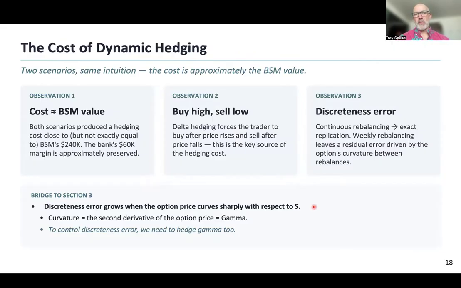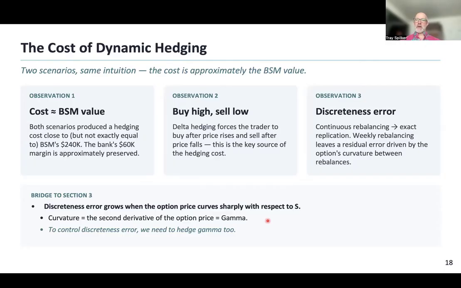This error is going to grow between the two prices, the actual price versus the theoretical price, the more curved the option price is with respect to changes in the share price. And that's something we call gamma, and that's also something we can actually take care of, right?